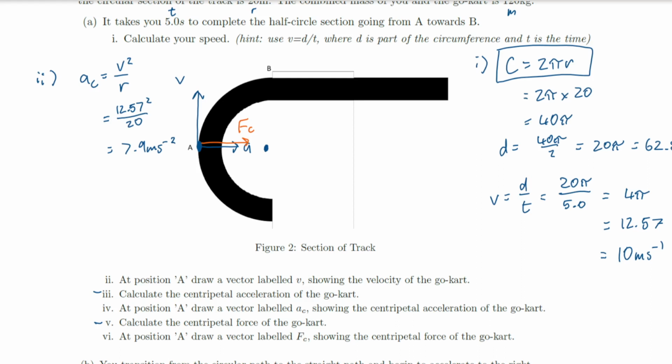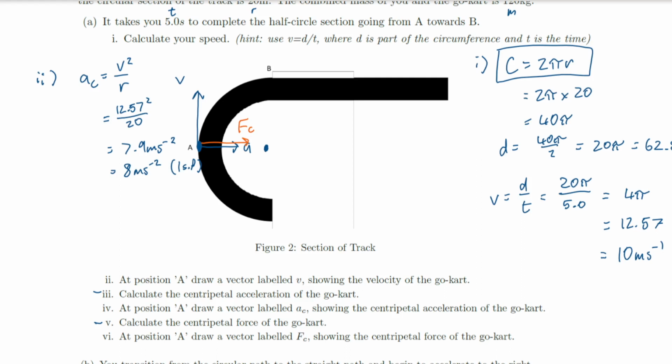All right, and again, to one significant figure, that would be 8 meters per second squared. So that's the centripetal acceleration. So on your go-kart, you are accelerating 8 meters per second squared in towards the center. Right, and that's what's changing the direction of your velocity.